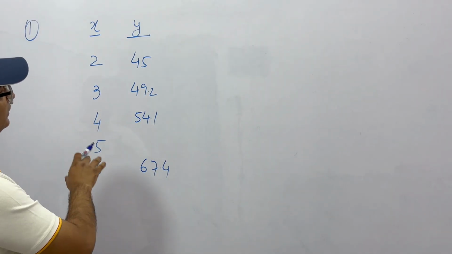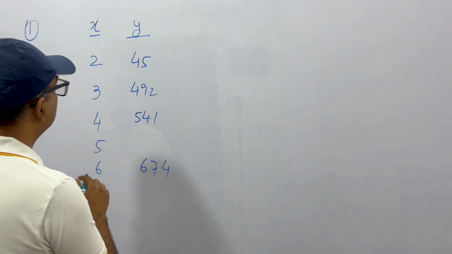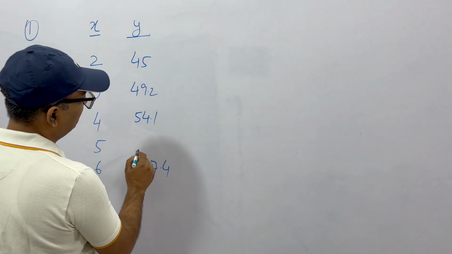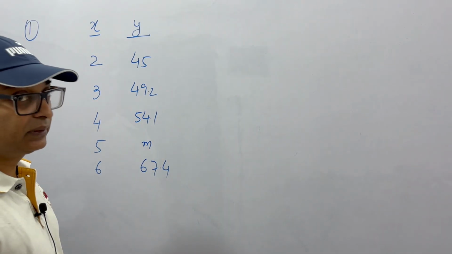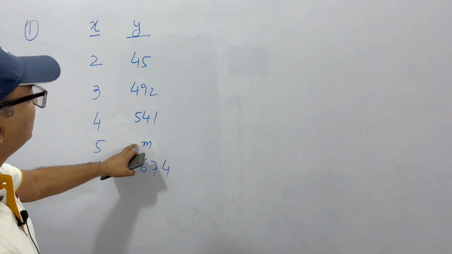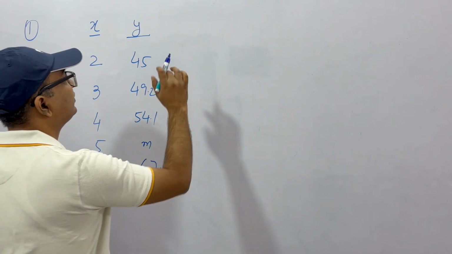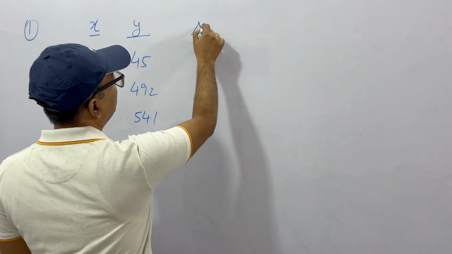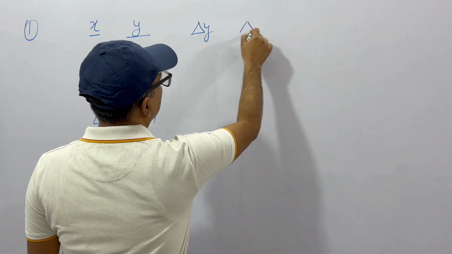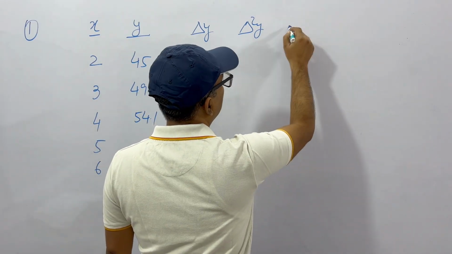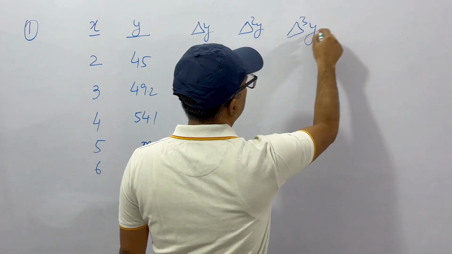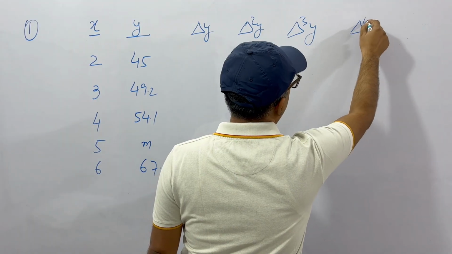So this is our example. We'll solve this. Let's say this term is m. We don't know this missing term m, and we have to find it. What we'll do is construct the difference table. So this will be del y, then delta 2y, then delta 3y, and finally delta 4y.